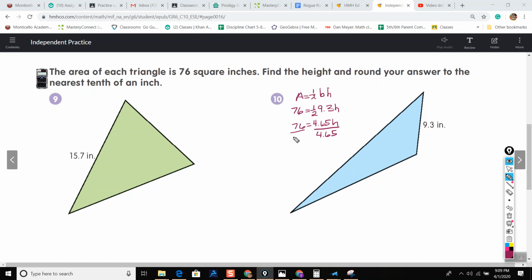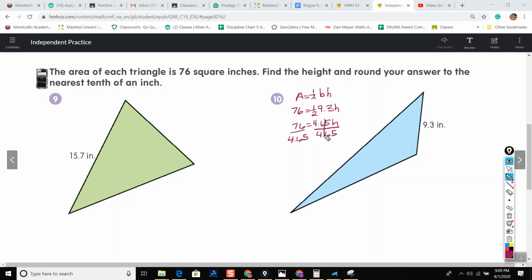I hope at this point you're beginning to recognize that when you have a variable, in this case h, next to a number, regardless of whether that's any integer, positive or negative, or a rational number with decimals here, we always want to isolate this h, and so that's the number we have to divide by.